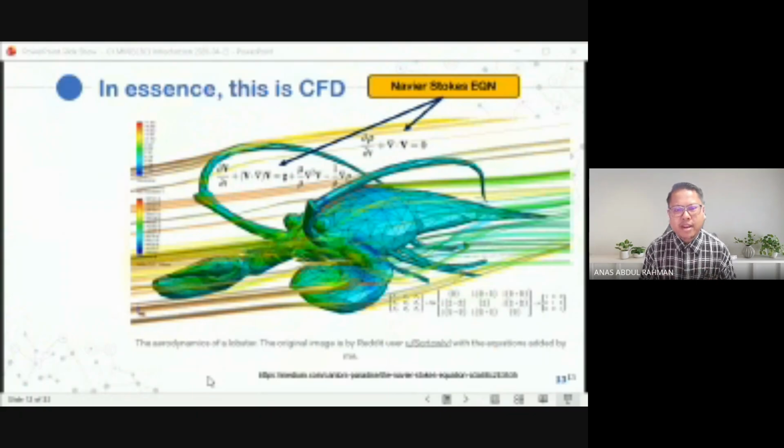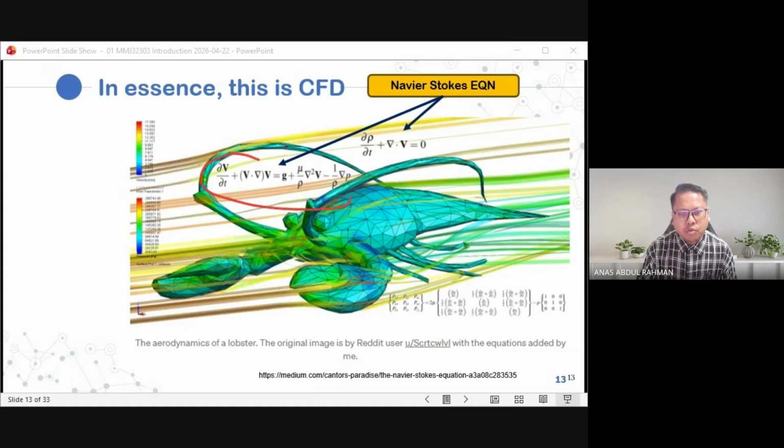The beautiful figures, diagrams, or output that you get from your tools, let's say ANSYS for our class, how you get those beautiful diagrams or colors behind the software is due to the equations, basically. There are mathematical equations being solved in order for you to get the nice figures as you are seeing right now on the screen.